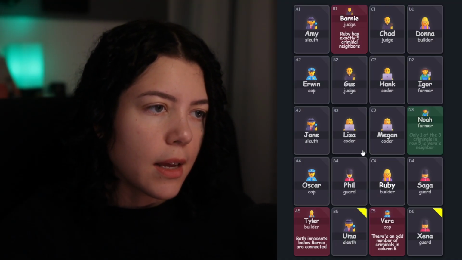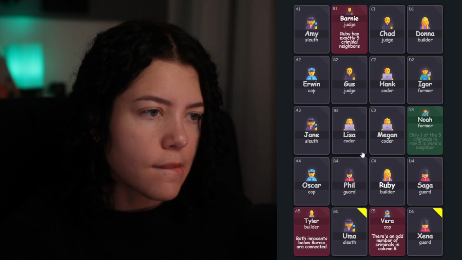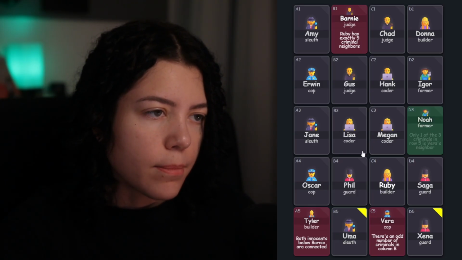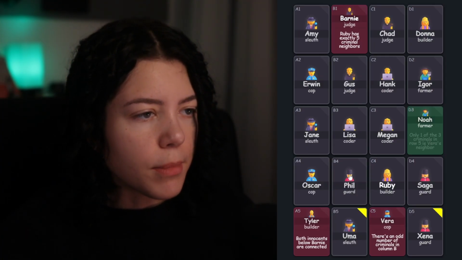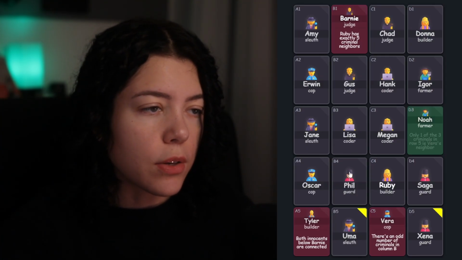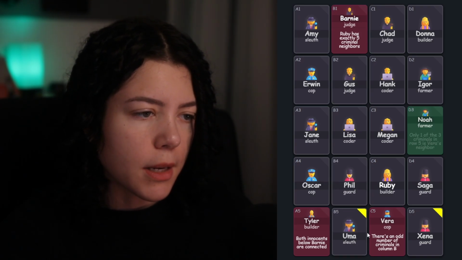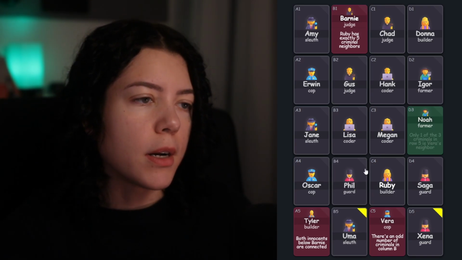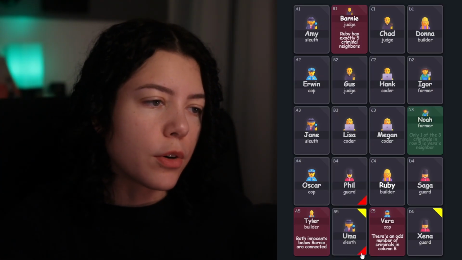Let's say that Lisa and Phil both... we gotta think that 3 people neighbor Ruby in column B. And of those, we could have at most 2 being criminals, right? Because there's 2 criminals below Barney in column B. So let's say that Phil and Uma both are criminals.